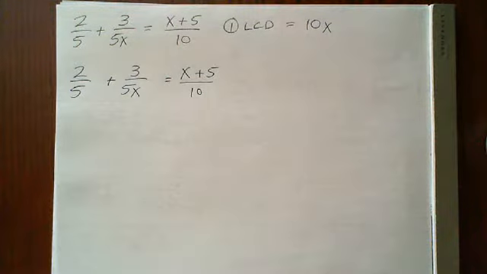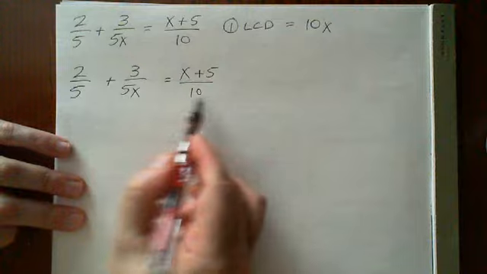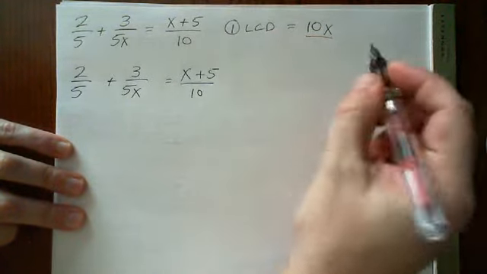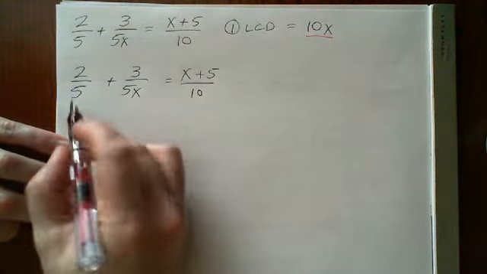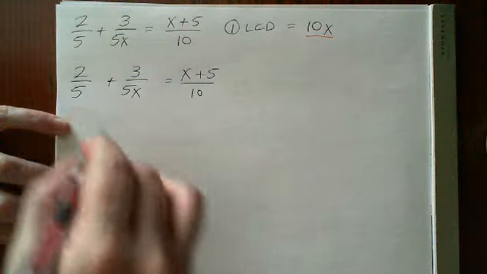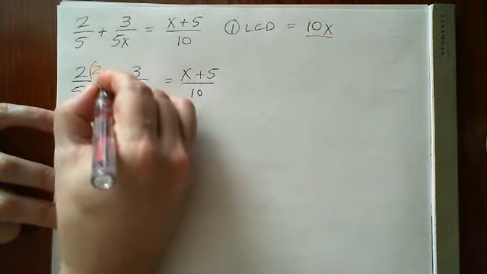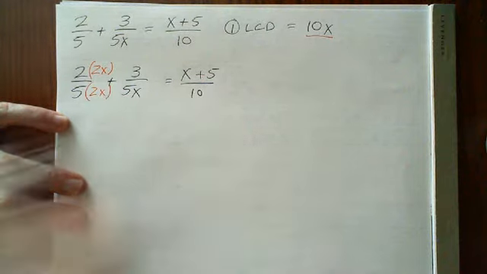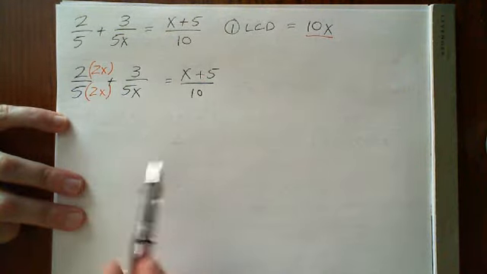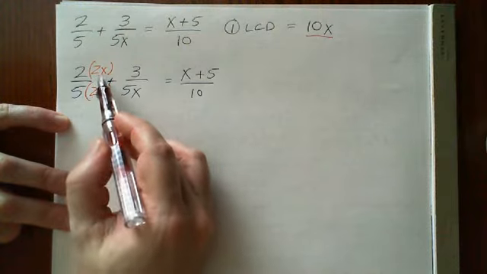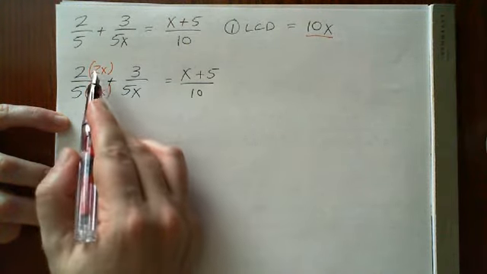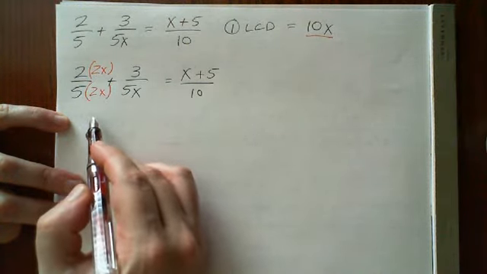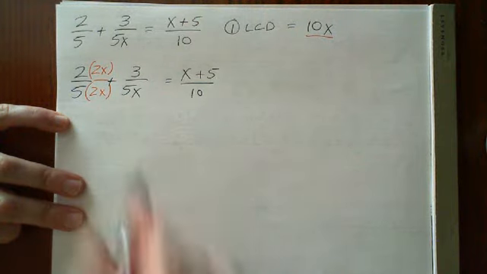Alright, so what we have here, and remember I need the denominators to all be this 10x, that LCD. So to make 5 a 10x, I would multiply by 2x. But if I do that to the bottom, I have to also do it to the top. Everything I write is in an equivalent form, so I'm basically just multiplying that by 1, since 2x divided by 2x equals 1.